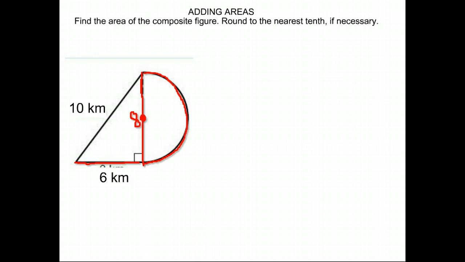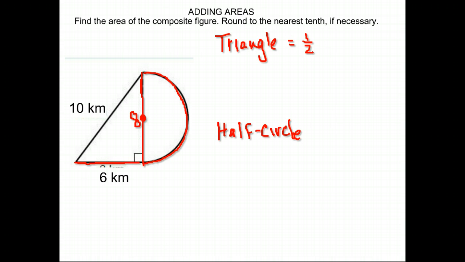Okay, so we use the Pythagorean theorem to find that missing side. We again have two figures. We have a triangle and we have half of a circle. We're going to put those two together. Okay, so our triangle, again, the formula for the area of a triangle is 1/2 the base times the height.